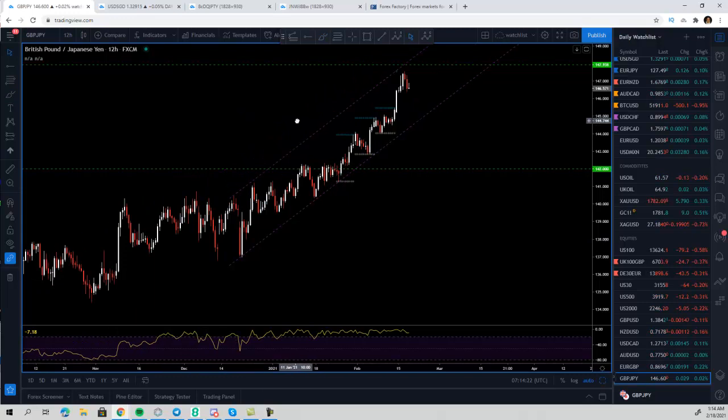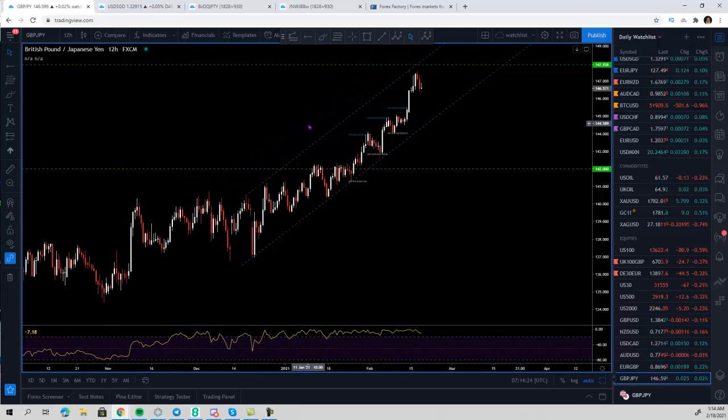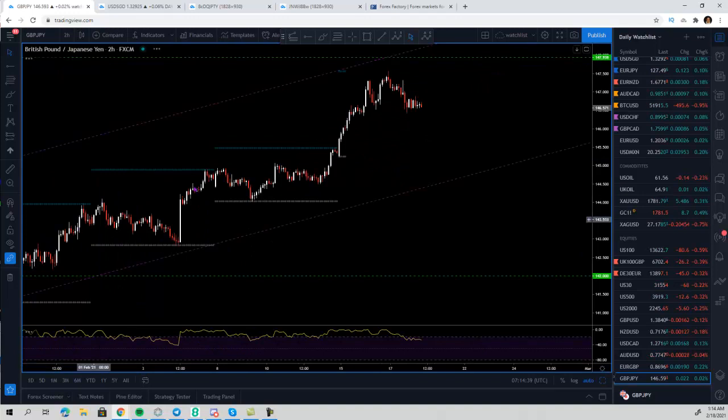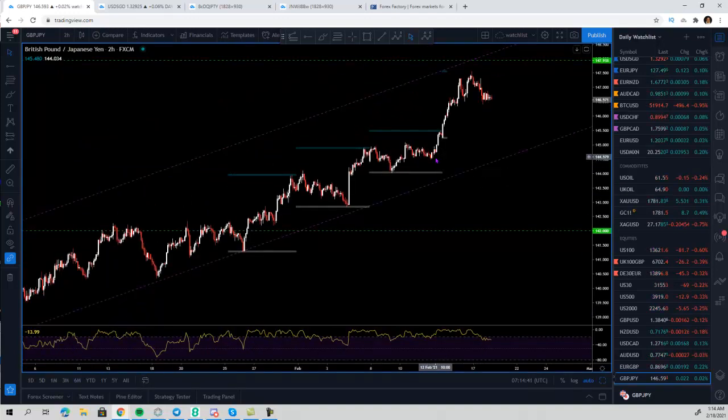But in any case, the next key level that I'm looking at is the 792 in the pound versus the yen. So why don't we go to the lower time frames so we can see what's really going on.